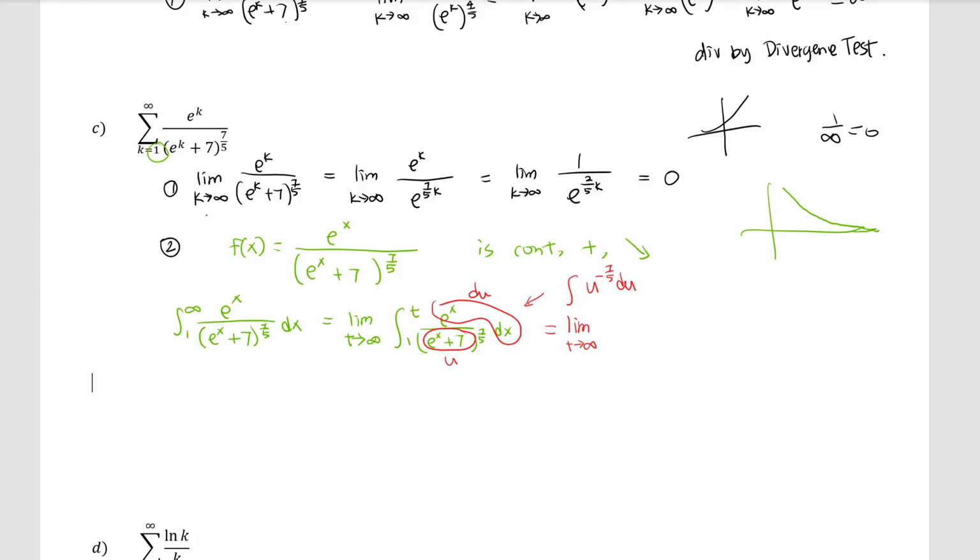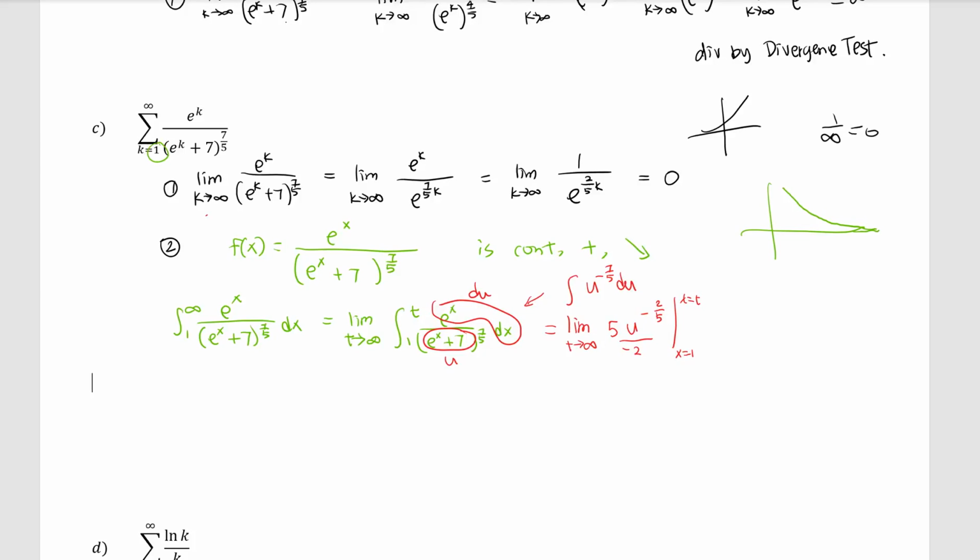It becomes u to the negative... What? When you add 1 to it, what do you get? 2 over 5, right? And then we evaluate from x is 1 to x is t. So you add 1 to the exponent, you also divide by the new exponent, so you divide it by negative 2, and you times 5.